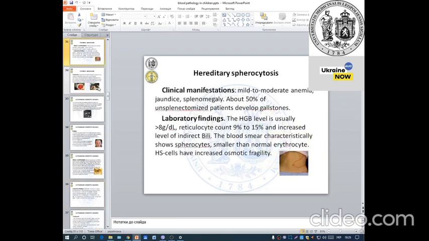Typical clinical symptoms of hereditary spherocytosis are anemia, jaundice, and splenomegaly. The main laboratory findings: decreased level of hemoglobin, increased reticulocytes and indirect bilirubin, and spherocytes, smaller than normal red blood cells, in the peripheral blood smear.